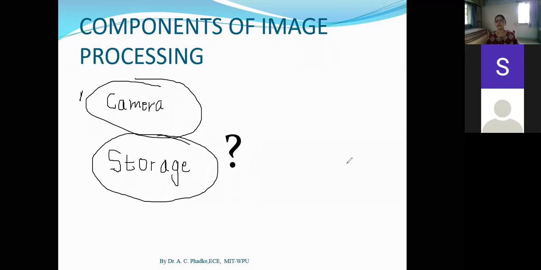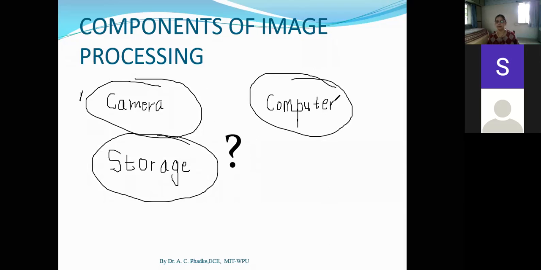So as Manas said, a component which can compare the face recognized with the one saved, you need some microcontroller or you need some computer which has a microprocessor or which has some processing capability, right? So this is one important component in your image processing system.